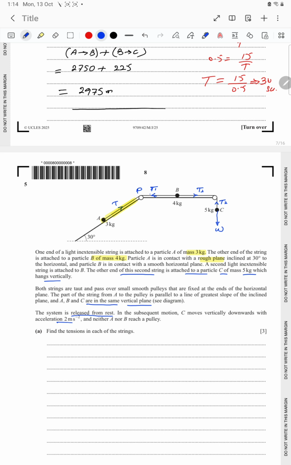Okay, it means the acceleration of C is given. How much? 2 meters per second squared.